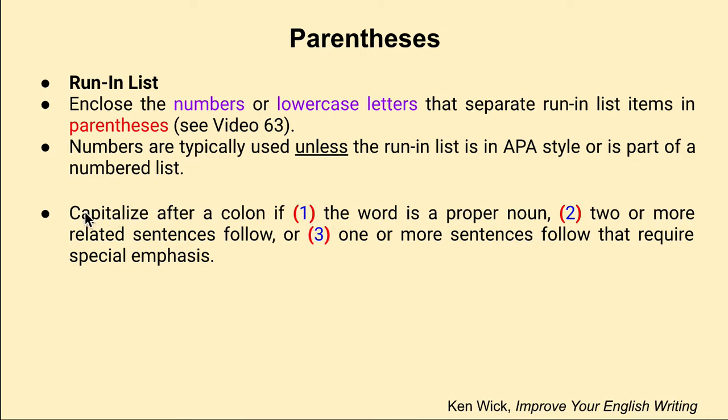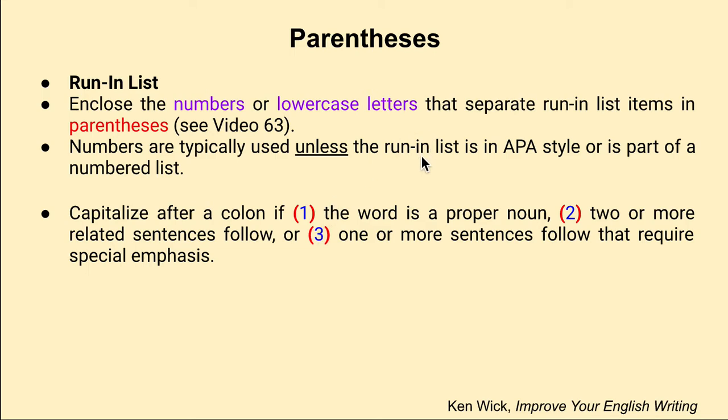The example: capitalize after a colon if (1) the word is a proper noun, (2) two or more related sentences, or (3) one or more sentences follow that require special emphasis. So here, each run-in list element has its number enclosed in parentheses, or you could use letters, but traditionally numbers are used.